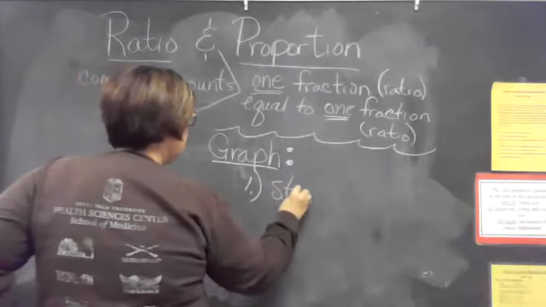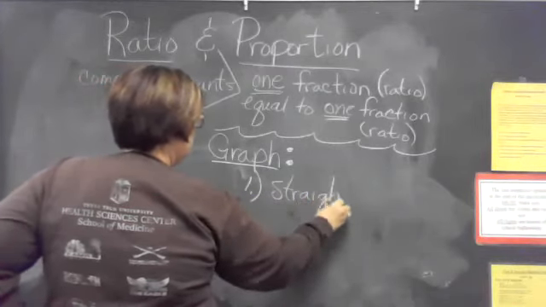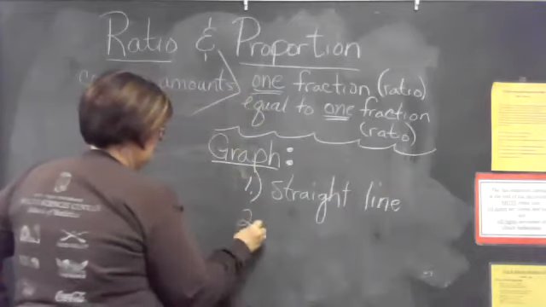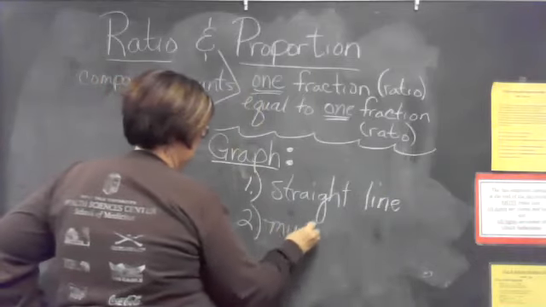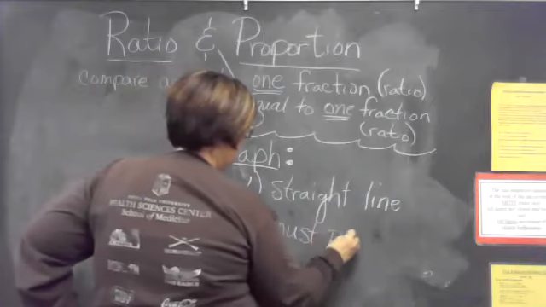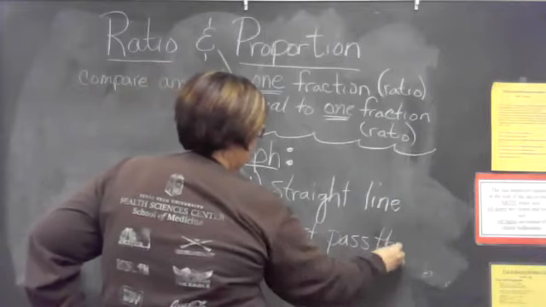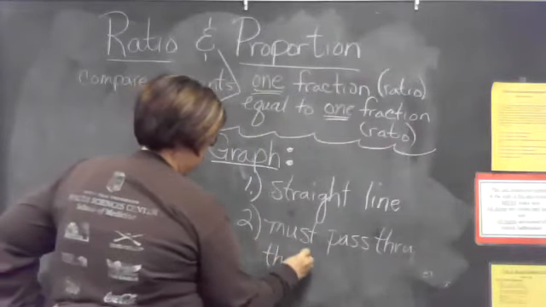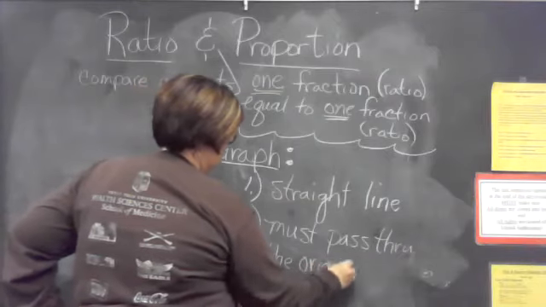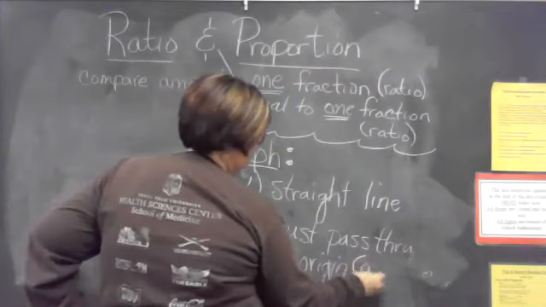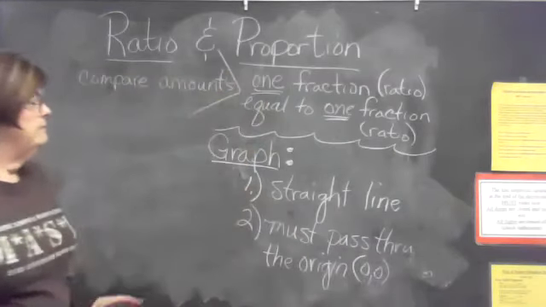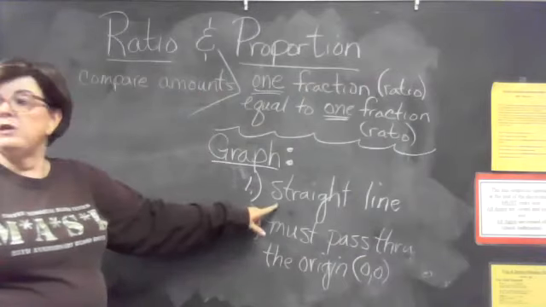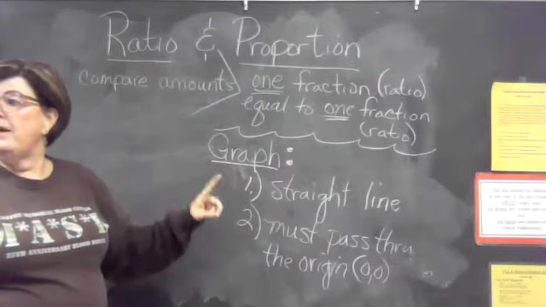It must be a straight line, and it must pass through the origin, which is 0, 0. In order for a graph to be a proportion, it has to be a straight line, and that straight line has to pass through the origin.